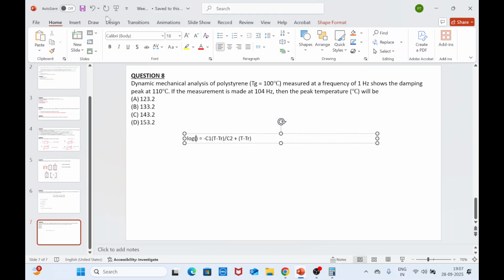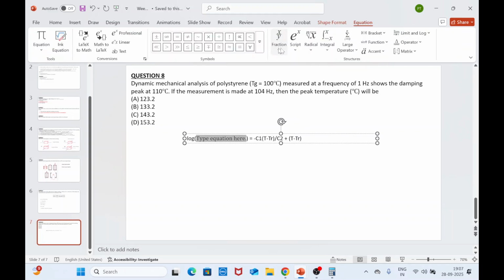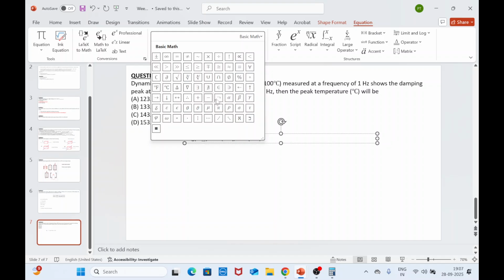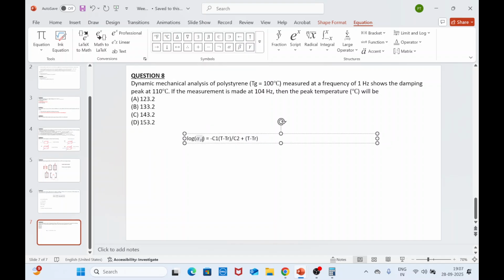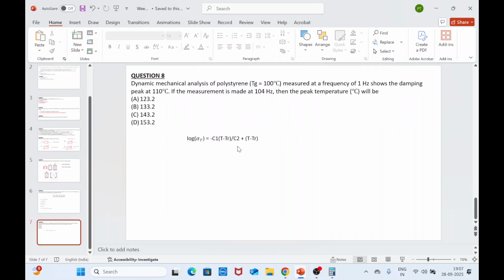I hope everyone is able to remember this equation, where the value of C1 is 17.44 and C2 is 51.6.